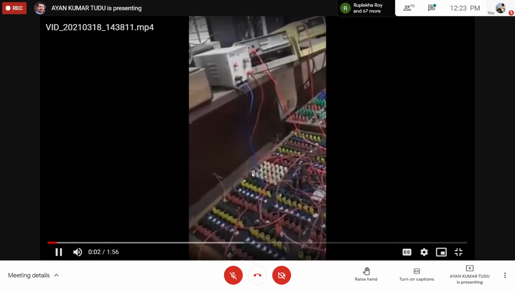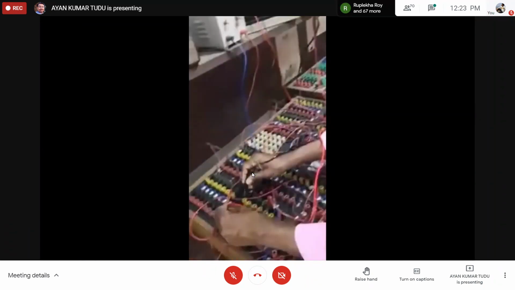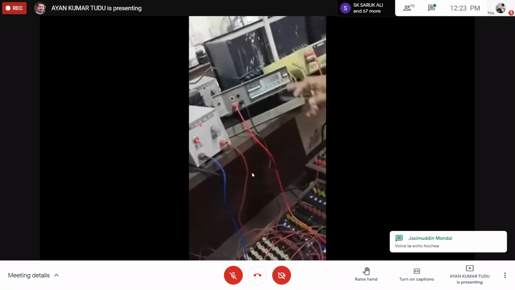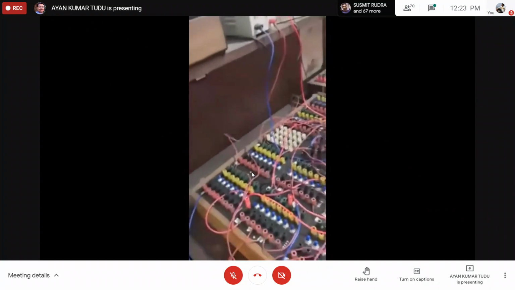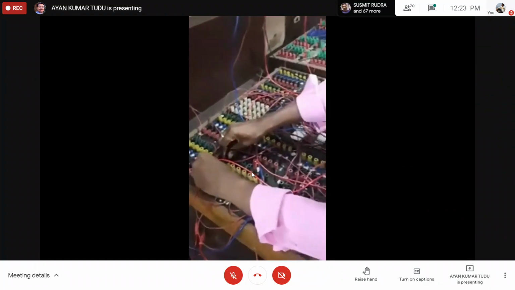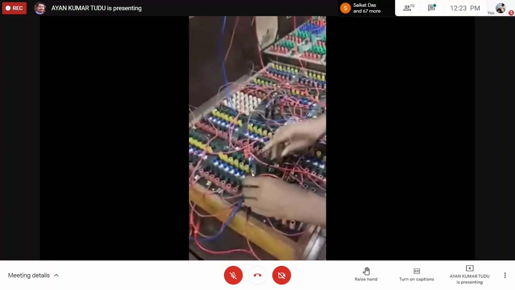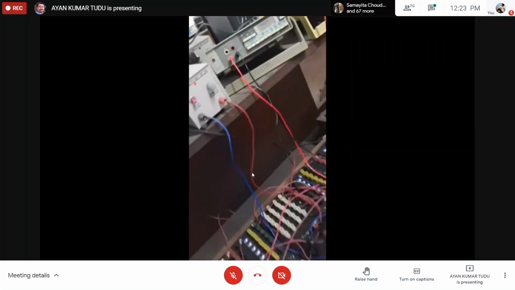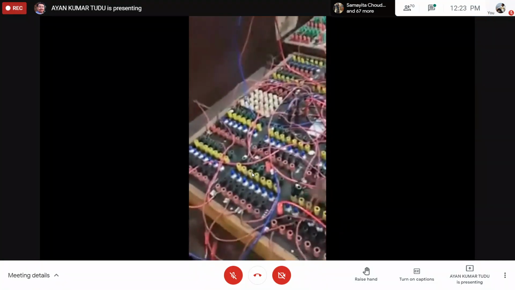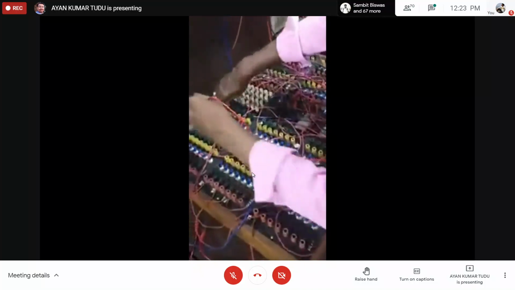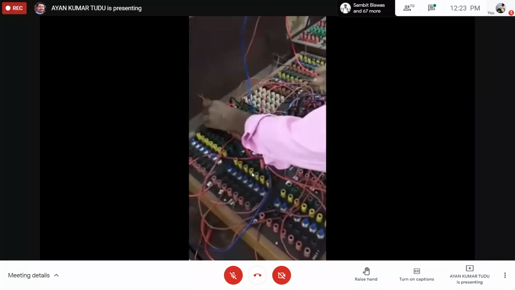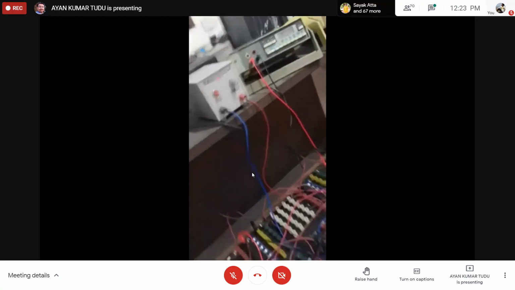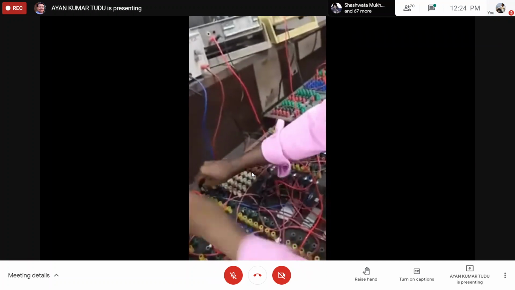We'll be measuring the currents now. IPA, IAB, then we'll be measuring IBC, then ICD.